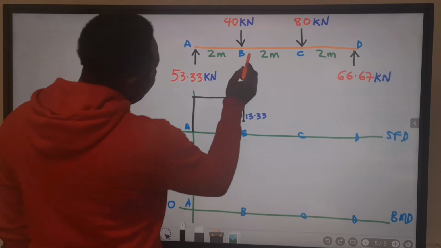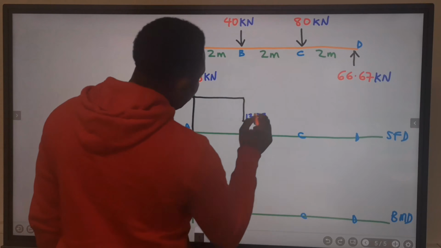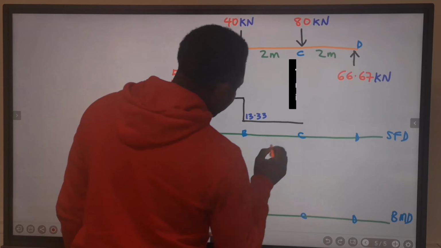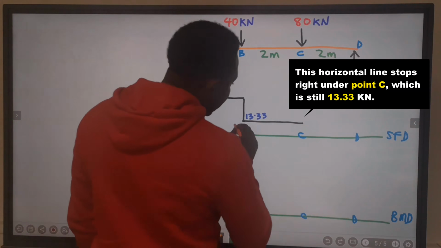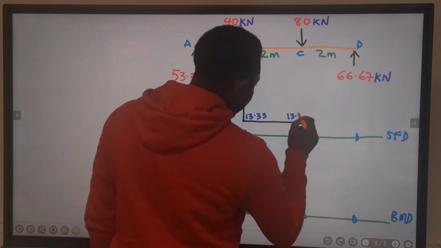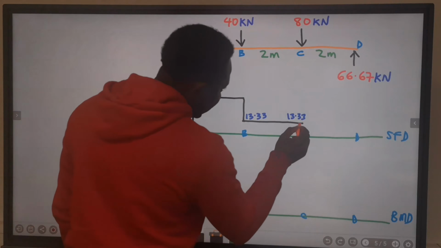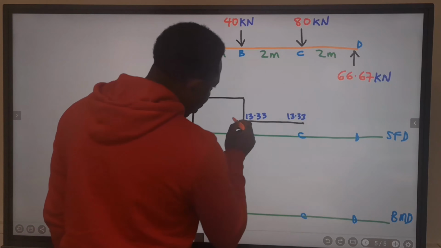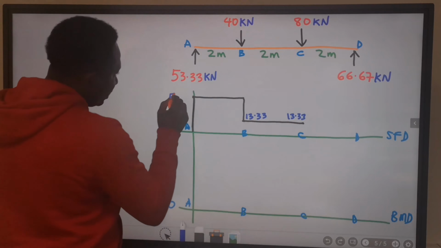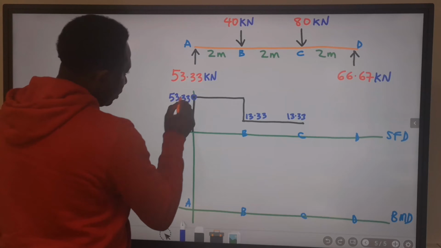Next, between B and C, there is no load. Hence, I will draw a straight line to C. This is a straight line, and here is also 13.33 at this point, still on the same horizontal line. Remember, this is 53.33, this position.